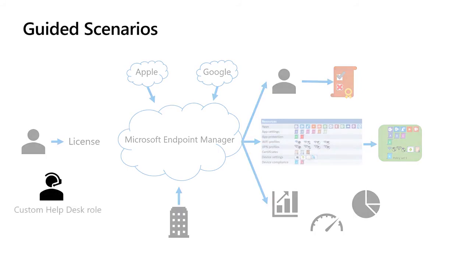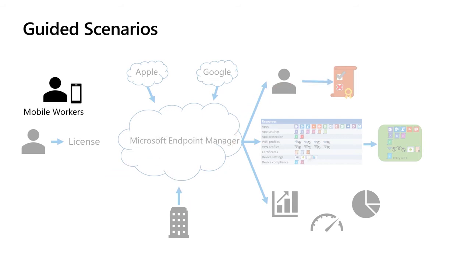If I want to create a custom help desk role, I might have to go through multiple different channels to make sure they have all the right RBAC permissions in Azure AD, that they have the right RBAC permissions in Intune for the troubleshooting workflow, make sure all their assignments are right, make sure their scope tags to group are right. There's a lot of steps, and it's not just about assigning resources to groups. Or take the assignment example, I have a lot of mobile workers.